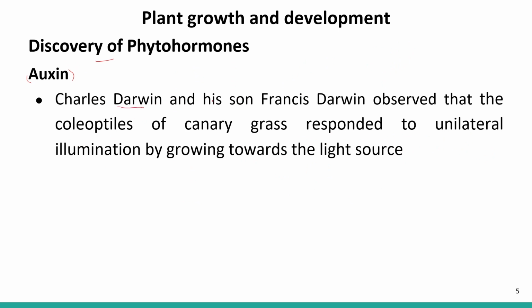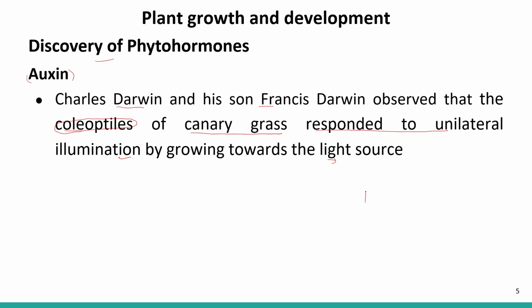Now let's talk about the discovery of the phytohormone, and let's start with the hormone auxin. Charles Darwin and his son Francis Darwin observed the coleoptile. What is coleoptile? Coleoptile is a sheath covering the shoot tip. The coleoptiles of canary grass responded to unilateral illumination by growing towards the light source.